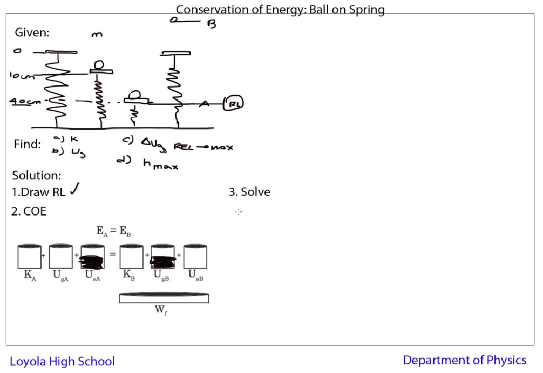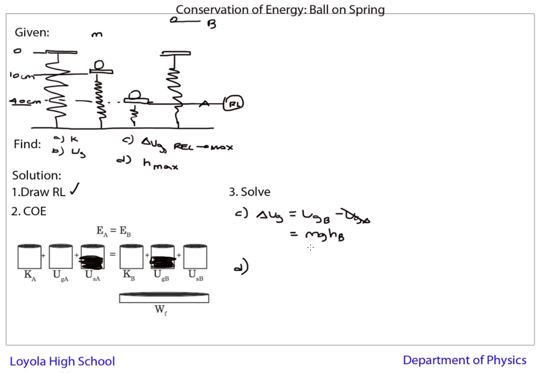So for part C, the change in UG is UG at B minus UG at A, and this is 0. So this basically becomes UG at B, which is mg y at B. And if you look at that, you go, that's great, except I don't know the height at B. I don't know how high it rises. So we actually have to go to part D to find that height.